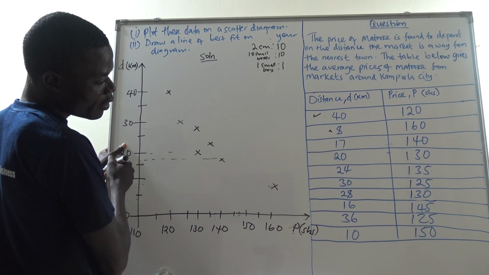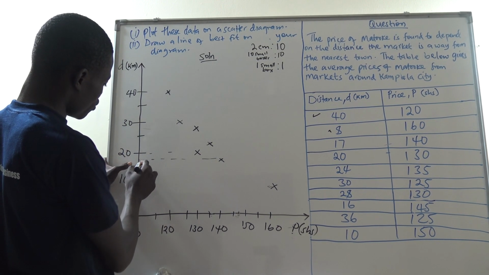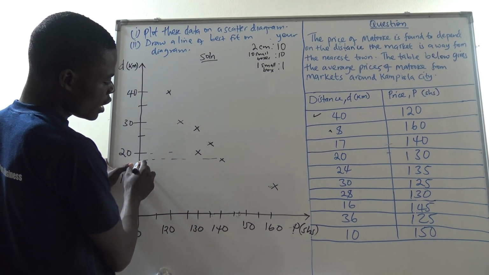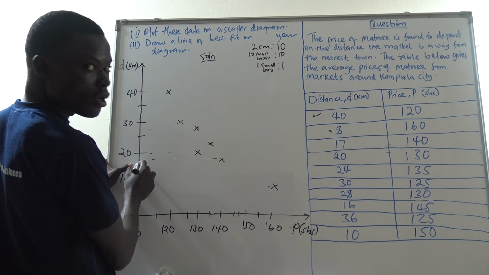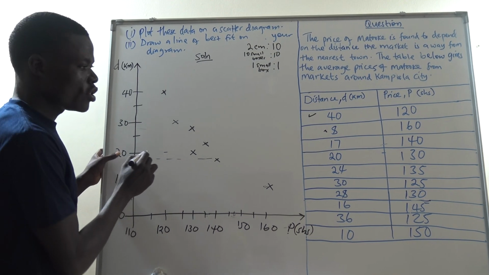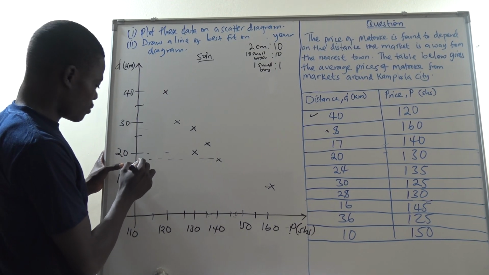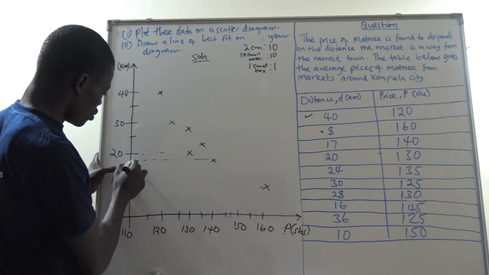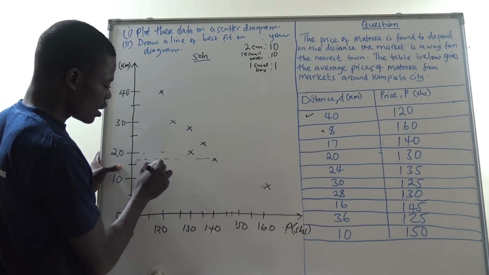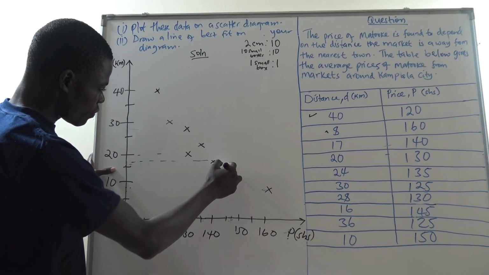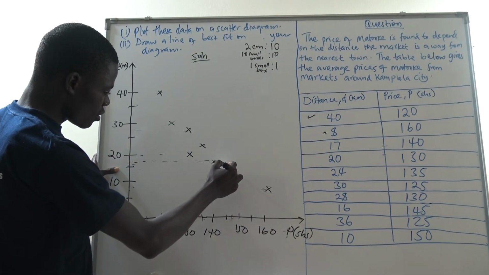Then we have 16, which is around here, against 145. 16, which is here, is slightly below 17.